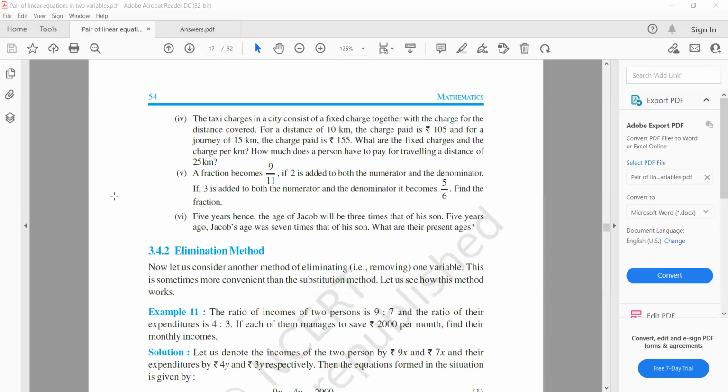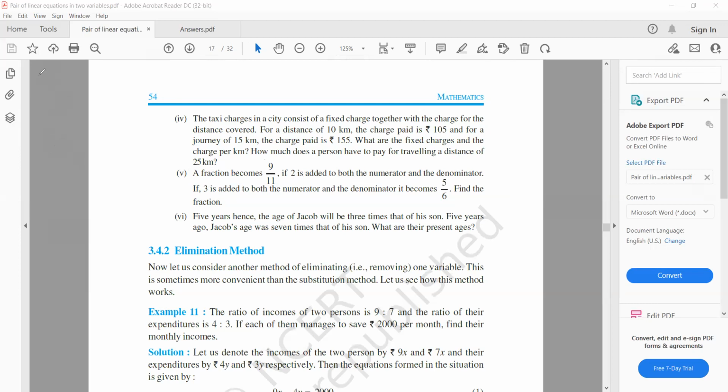Now come to the next question. Fifth part. A fraction becomes 9 by 11 if 2 is added to both the numerator and the denominator. Correct? So let us assume the fraction first of all.